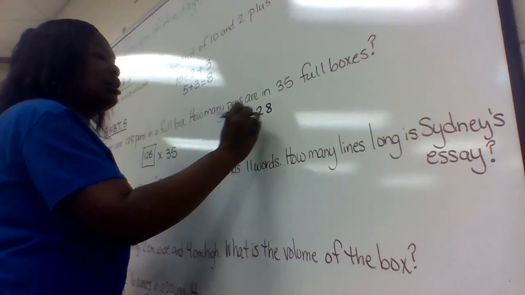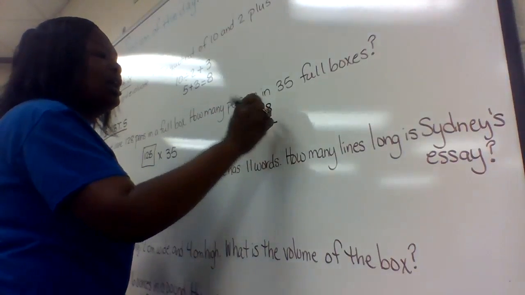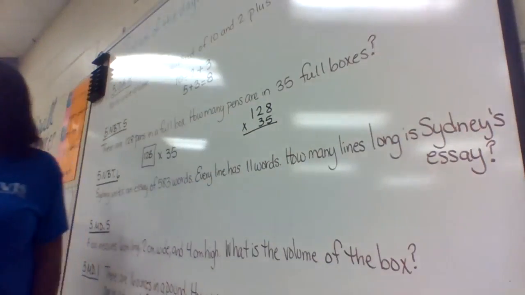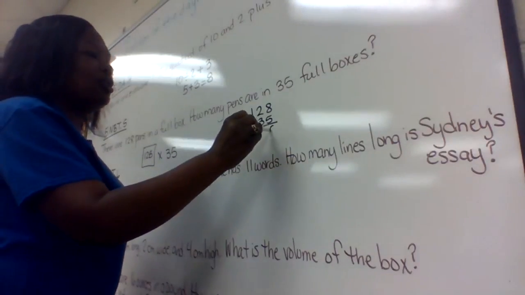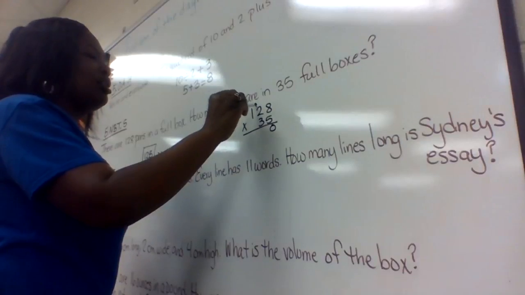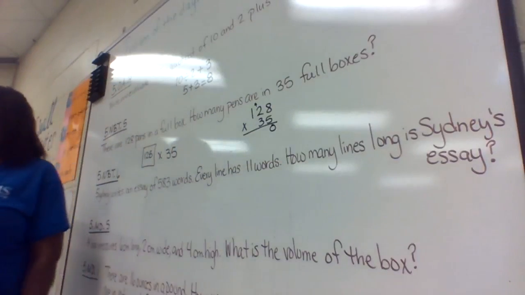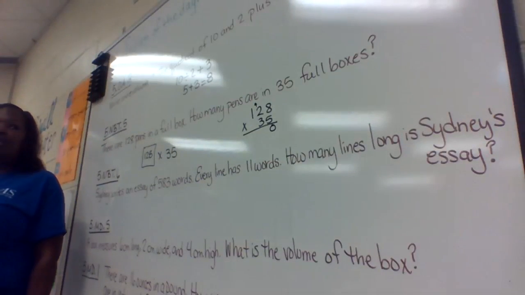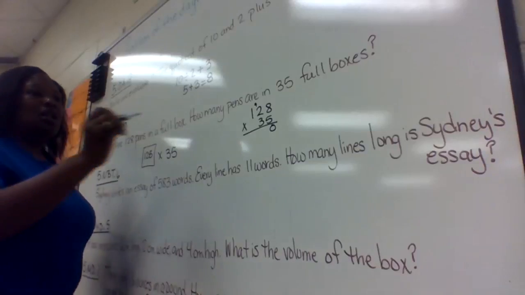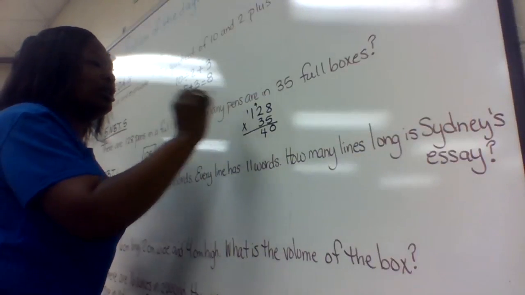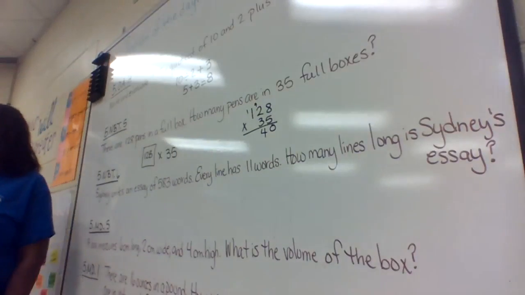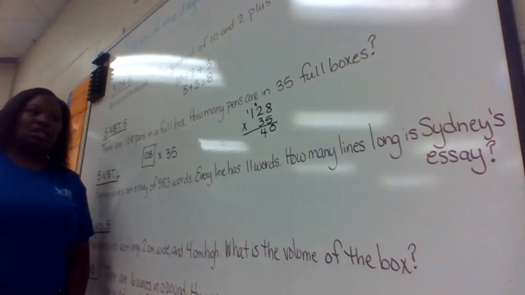128 times 35. 8 times 5 is what? 40. So put your 0 down, carry your 4. 2 times 5 is 10. 10 plus 4? 14. So put your 4 down, carry your 1. 5 times 1 is 5. Plus 1, 6.